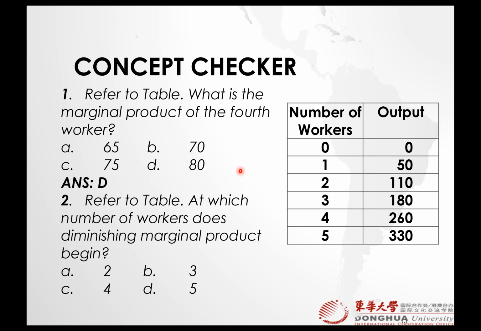What is that? It's 5, I believe. I think 5 also. How 5? Because when you add the 5th worker, you will increase the output by 70. But when you added the 4th worker, it was 80. So from 5, it started diminishing. Well done. So do I need to repeat one more time?